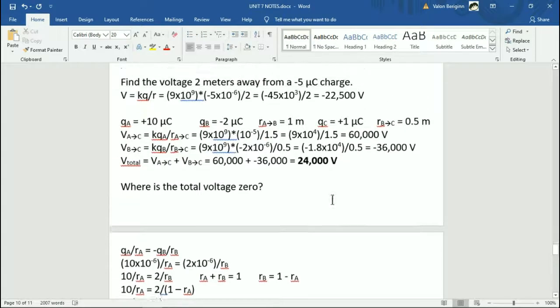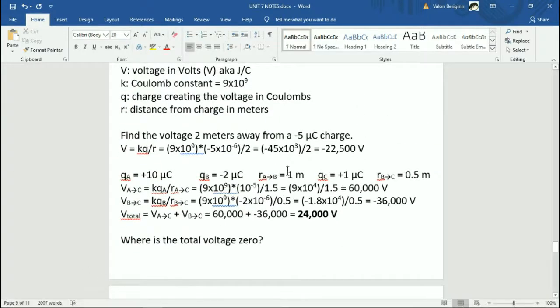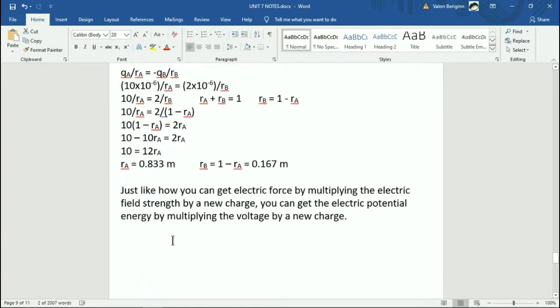Okay, so again, going back to this problem, we found this total voltage, and then, look, we're putting this new charge here in that spot. So what is our voltage then? So how this works is your electric potential energy is just the new charge times the voltage.